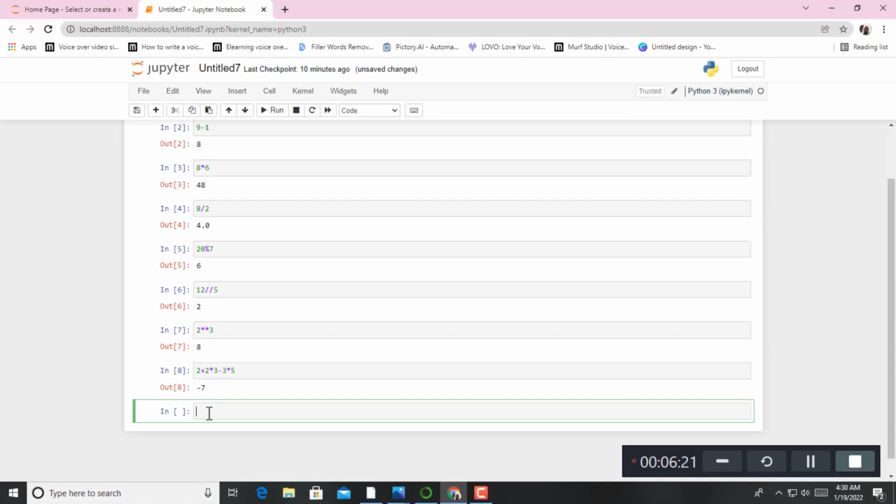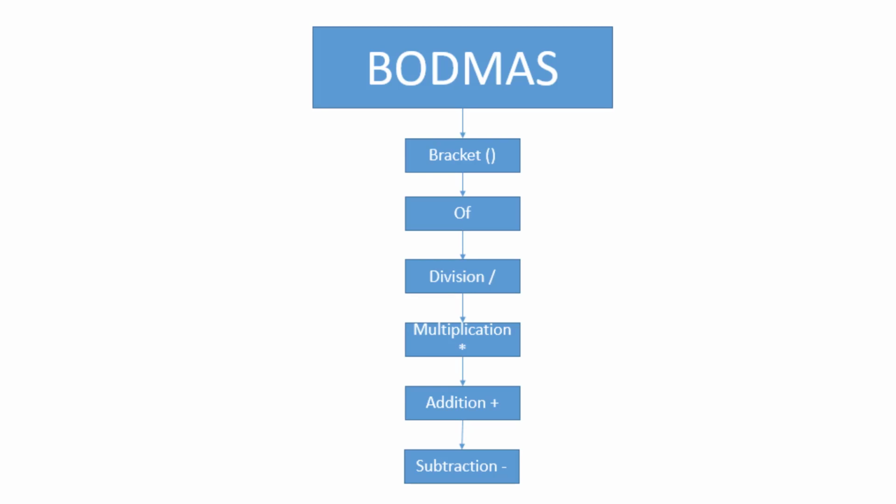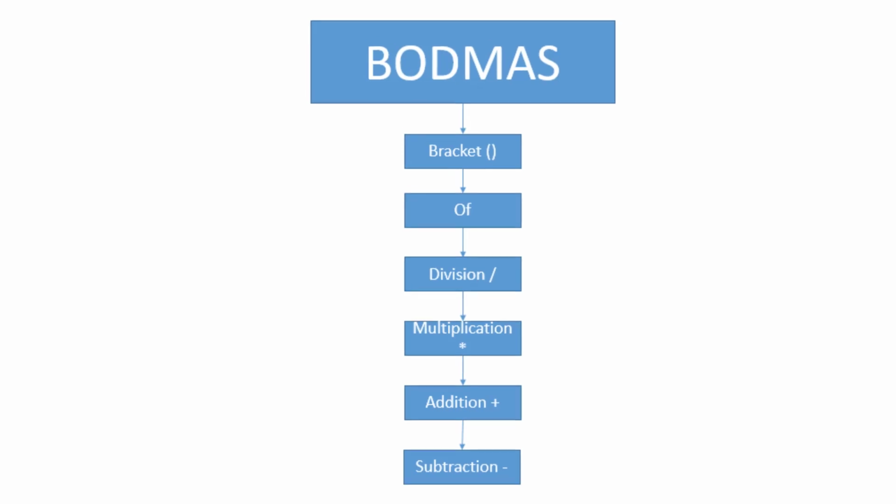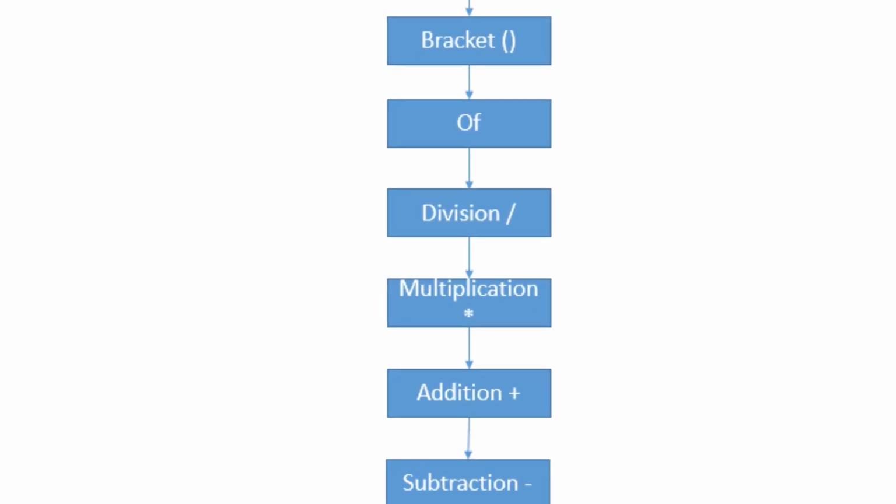Now, when we talk about mathematics in general, there is the BODMAS rule. A mathematical operation must be executed in a certain order. On the screen you see, brackets are the first thing to get executed. This is followed by orders or exponentiation, and then followed by division and multiplication. The fifth and final operations are addition and subtraction.